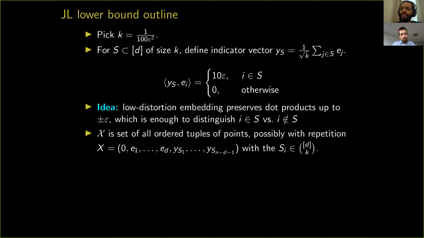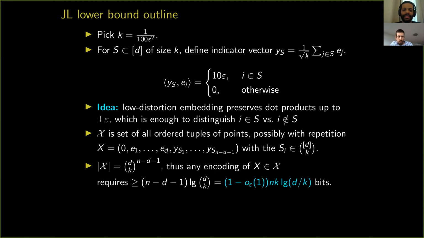So capital script X is going to be the collection of all ordered sequences of points that look as follows. It contains 0, e1 up to ed, together with a bunch of ys's chosen, with replacement possibly, from the set of all subsets of 1 to d of size k.